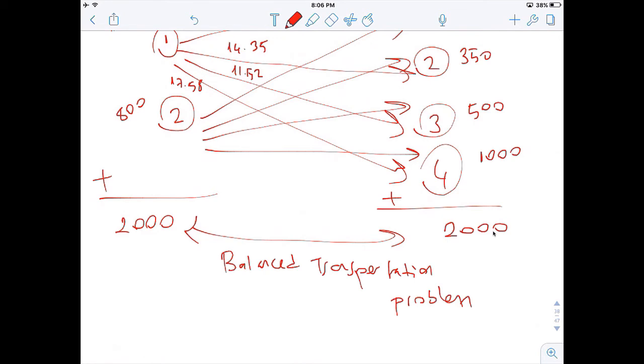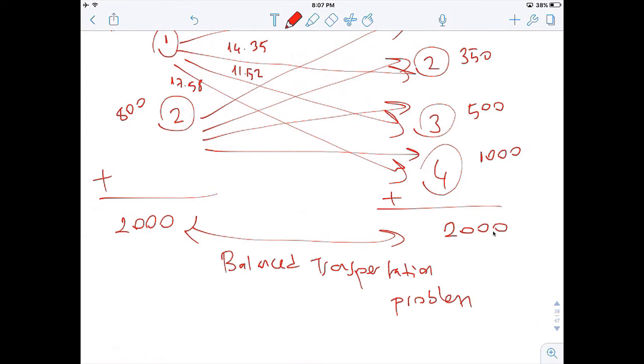What happens if one is strictly less than or greater than the other? Then you have an imbalanced transportation problem. In that case, you have to use a formulation trick to be able to find the optimal solution.